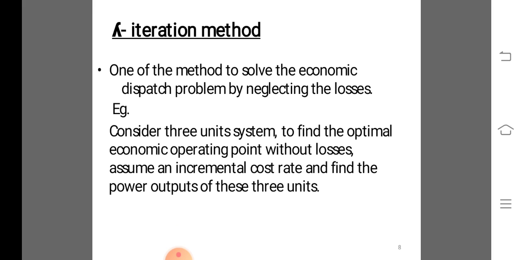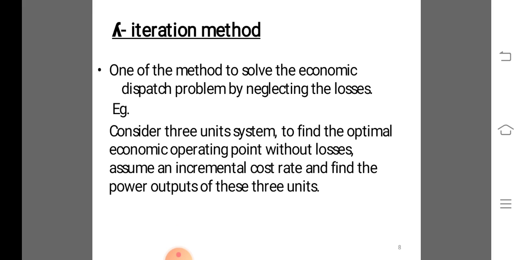Suppose we have a three machine system and wish to find the optimum economic operating point. One approach would be to plot the incremental cost characteristics for each of these three units on the same graph.